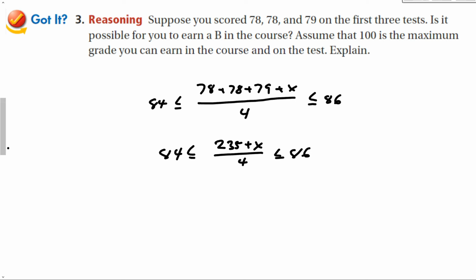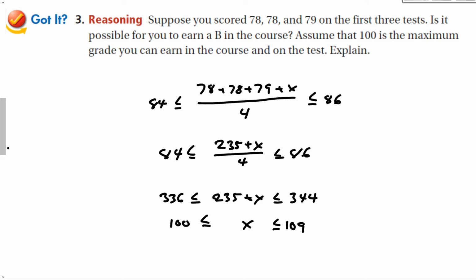Gives me again my 336, 235 plus x, and 86 times 4 again gives me 344. When I subtract 235, I get x in the middle, I get a 109, and 336 minus 235 gives me a 100.